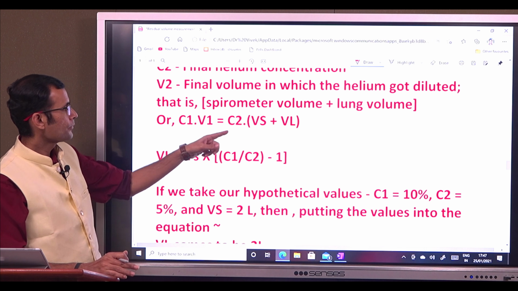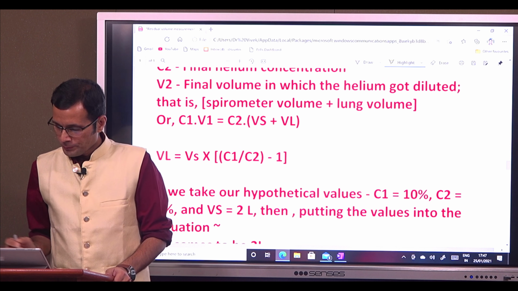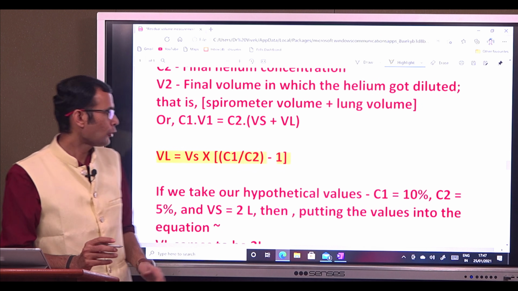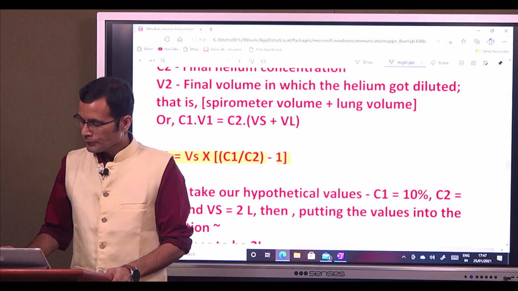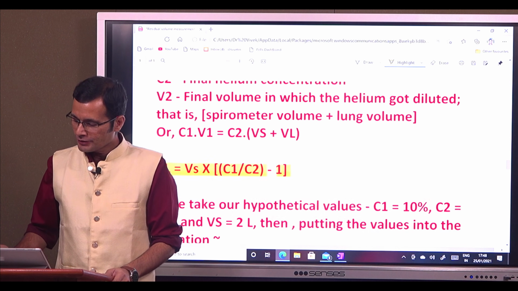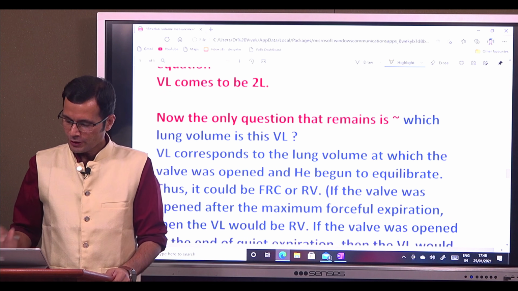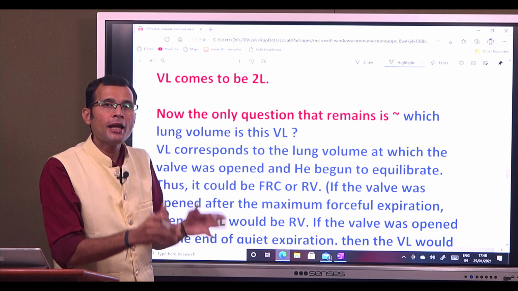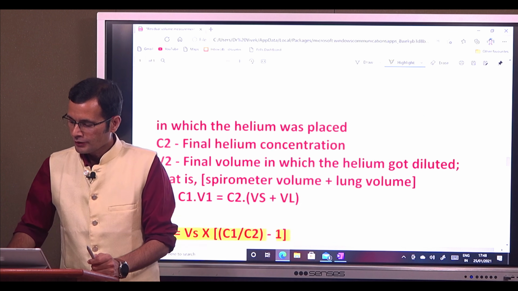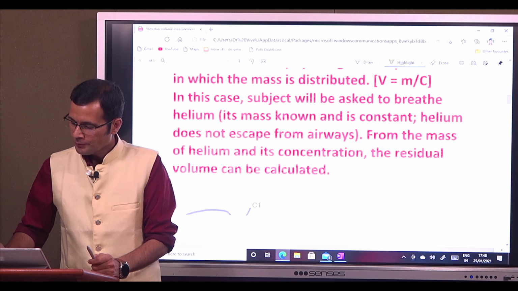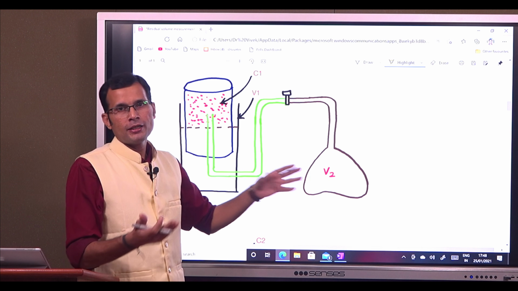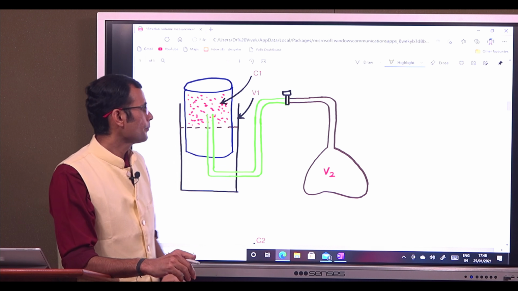VL is calculated like this. This is the lung volume that we are going to calculate. The only question that remains is, which lung volume is this VL? I repeat once again, this was the lung volume which we are measuring.